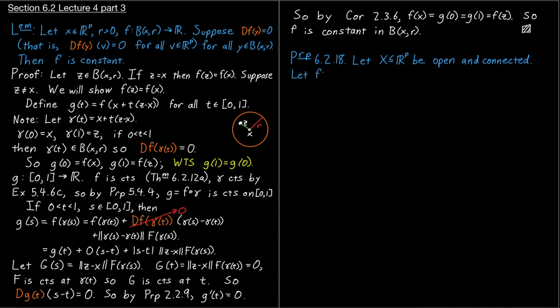Let's let f be a function whose domain is X to the real numbers, and suppose that df of x equals 0 for all x in X. And the conclusion is that f is constant.